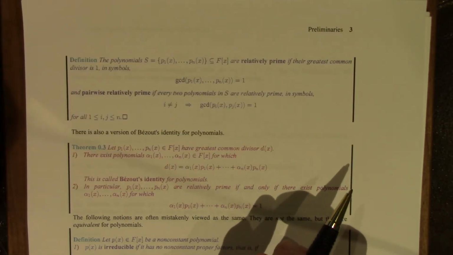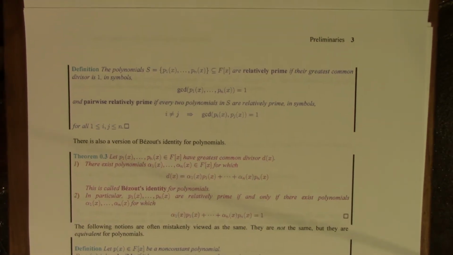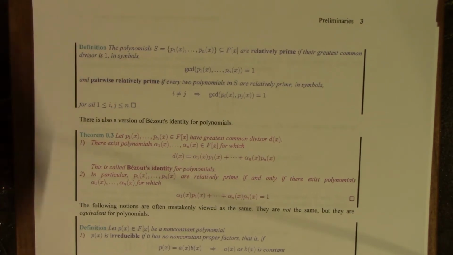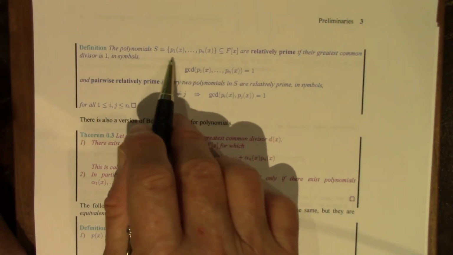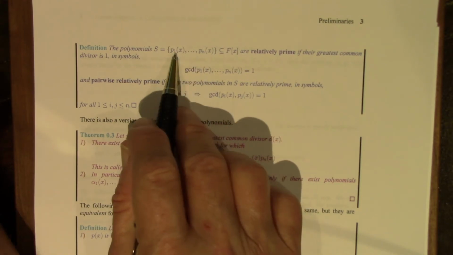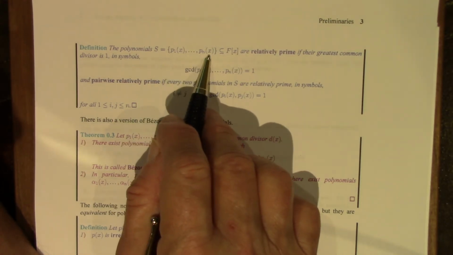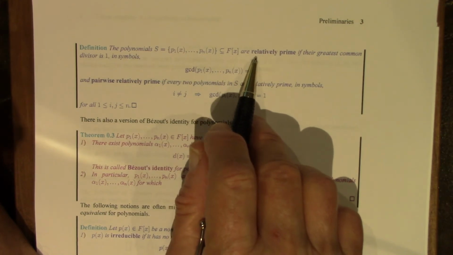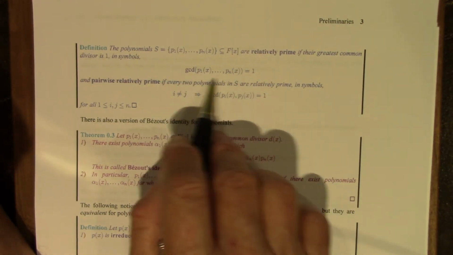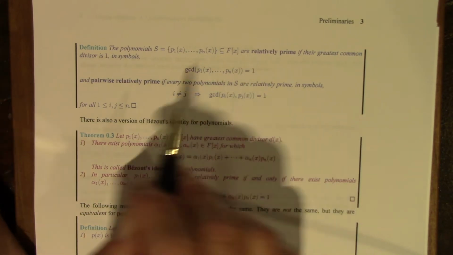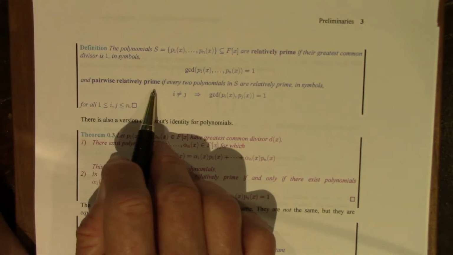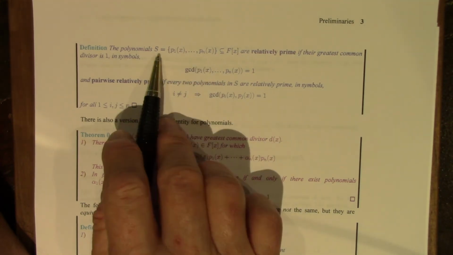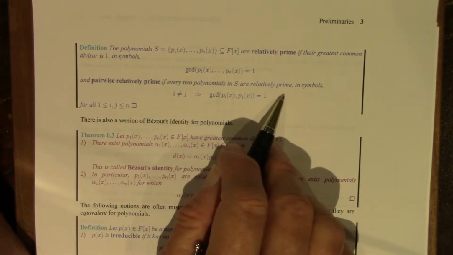We can define relative primeness for polynomials the same way we do for integers. A set of polynomials p1(x) through pn(x) are relatively prime if their greatest common divisor is 1, and pairwise relatively prime if when you take any two polynomials from this set, they are relatively prime.